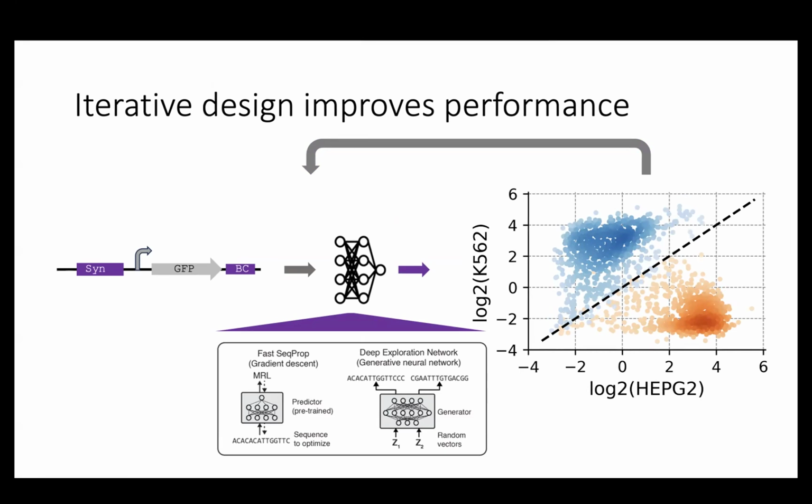This is not quite active learning in the sense that we didn't try to maximize or look at the region where the predictor is particularly uncertain, but it's iterative learning where we just tell the predictor about a part of the sequence space or the activity space that we actually care about. And we give it even just a few hundred, few thousand examples of high quality performance. And that was enough to retrain it and allow us to very reliably generate high performing sequences.